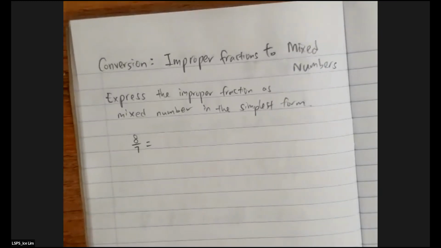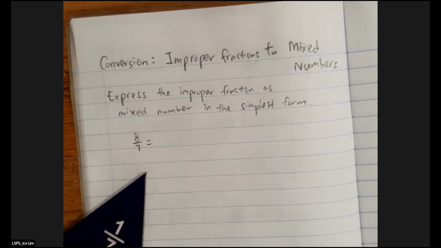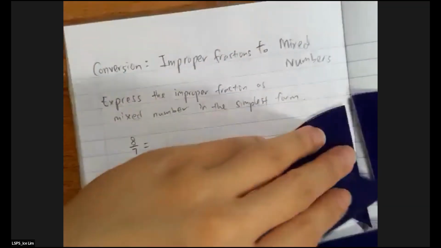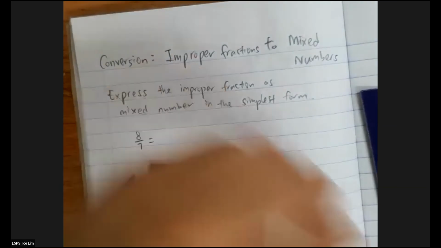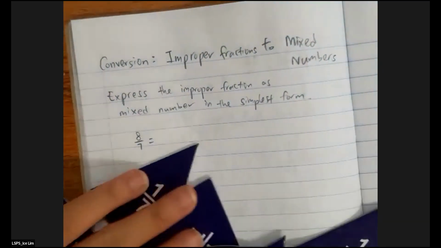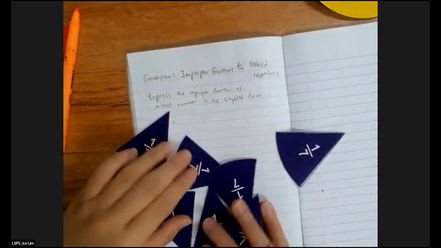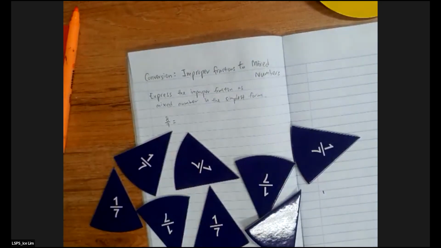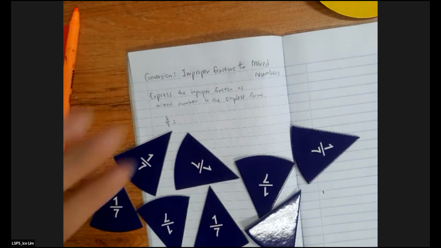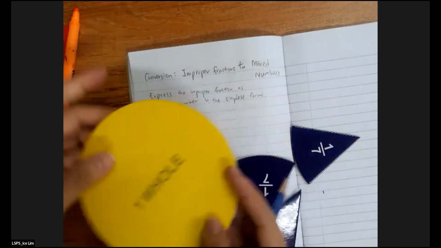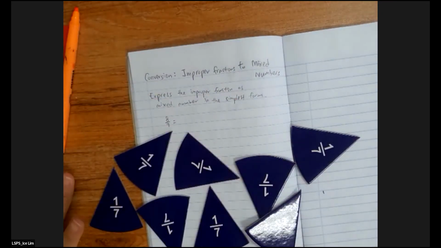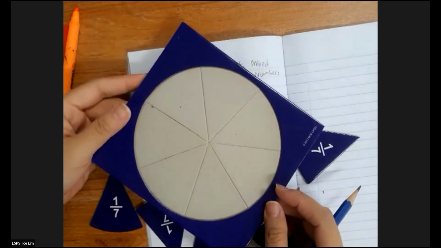If I want to use the fraction, I'm looking at 1, 2, 3, 4, 5, 6, 7, 8. 8 of these sevenths. Now the concept is simple. Just now I used the whole and replaced it with the parts. Now I take the parts and try to put them back to the whole.